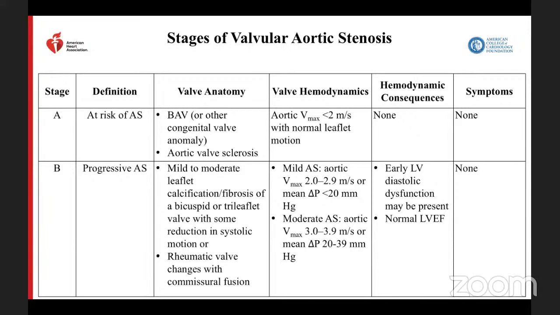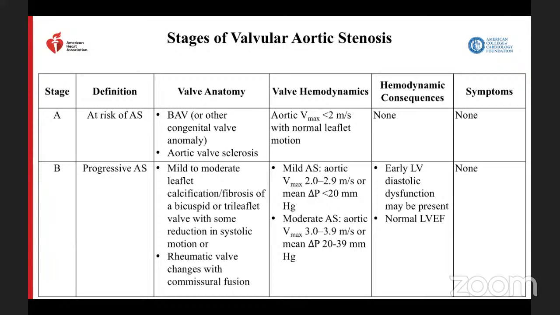For patients in stage B, which is progressive aortic stenosis, the patient will have mild to moderate leaflet calcification, fibrosis of a bicuspid or tri-leaflet valve with some reduction in systolic motion, or rheumatic valve changes with commissure fusion. The patient will have mild aortic stenosis, aortic velocity 2 to 2.9 meters per second with mean gradient pressure of less than 20.